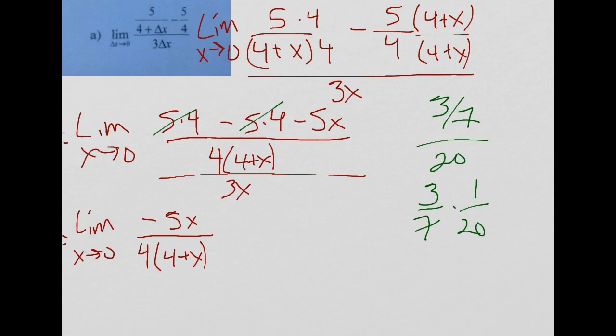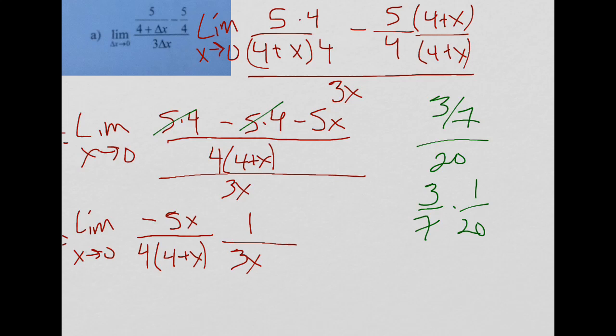This 20 corresponds with this piece. So this fraction is in the same form as this thing. And I'm going to rewrite it like this. So instead of writing another fraction bar down here and writing my 3x there, I'm going to write it like this.